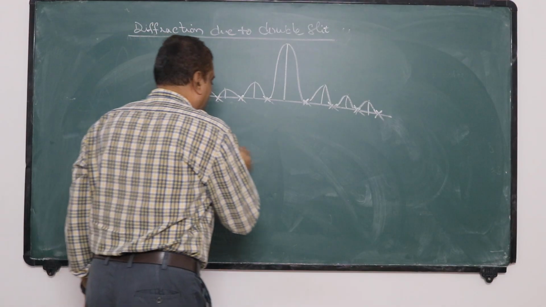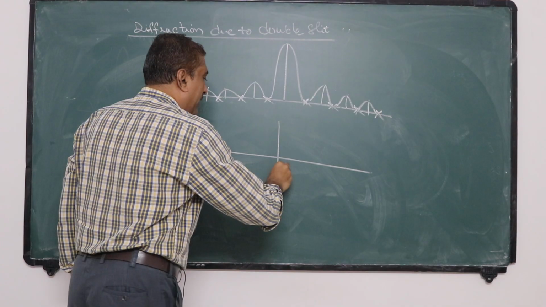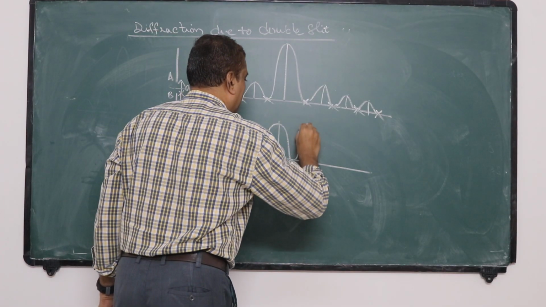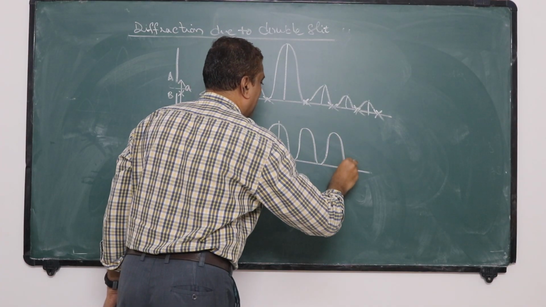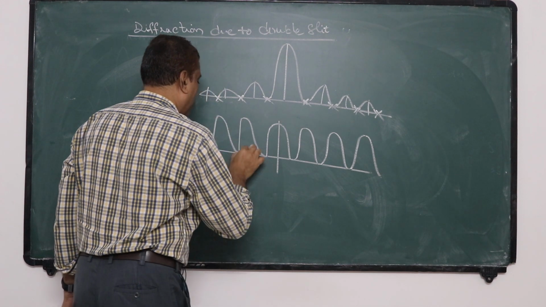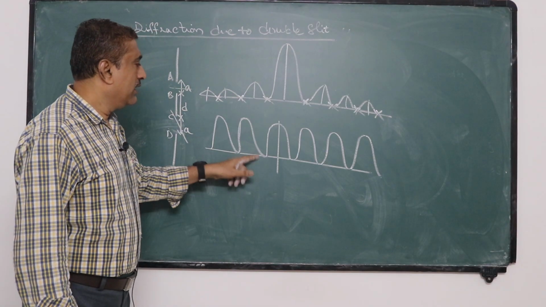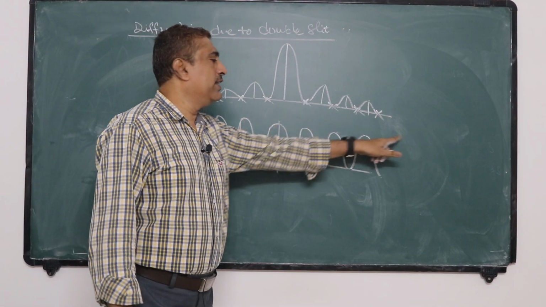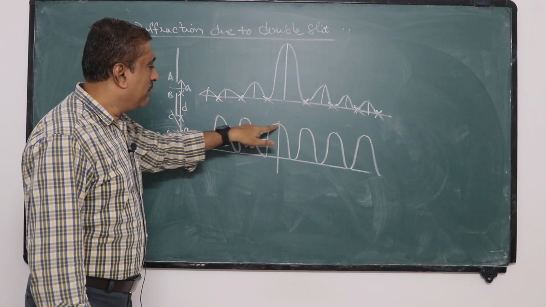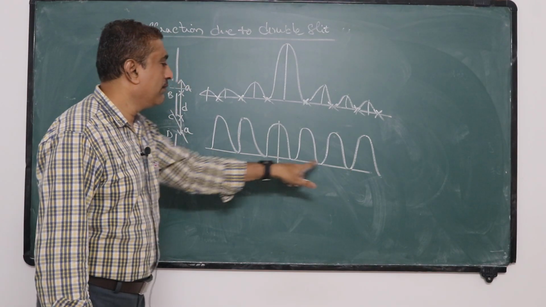But in the case of interference, as we have studied in the last topic, the intensity of bright bands is the same. All the bright bands have the same intensity, and all the dark bands have zero intensity, like this.